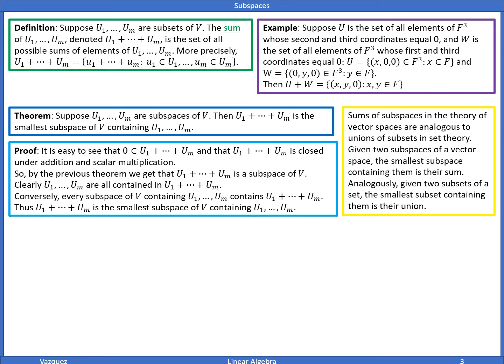Sums of subspaces of vector spaces are analogous to unions of subsets in set theory. Given two subspaces of a vector space, the smallest subspace containing them is their sum. Analogously, given two subsets of a set, the smallest subset containing them is their union. So that's how you could think of sums of subspaces, as a union of sets.